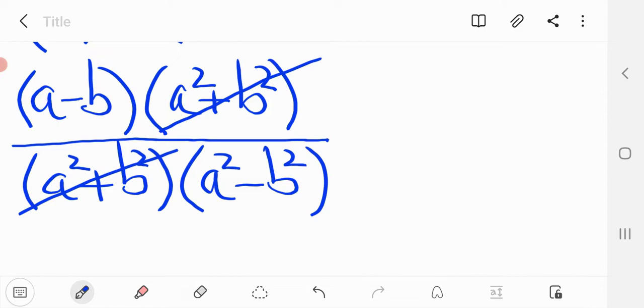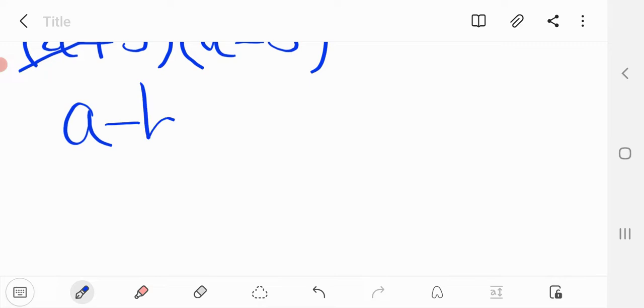Whenever we expand the left side algebraic fraction, these both factors will be available, I mean the quadratic factor will be available in the left side algebraic expression, then both will be cancelled. So as one was cancelled in the first step and second in the second step, now the remaining terms are a minus b divided by a square minus b square.